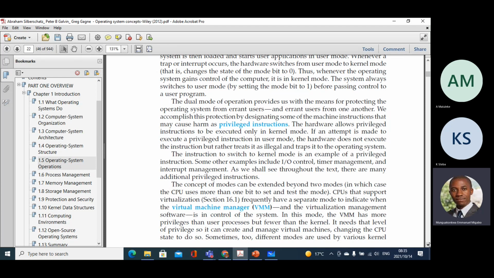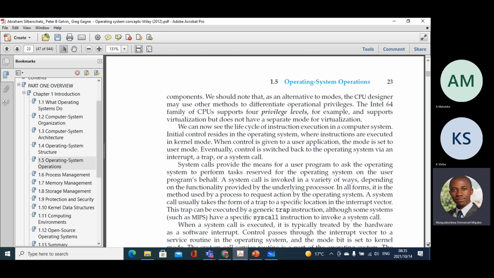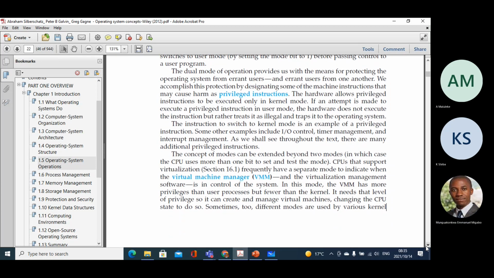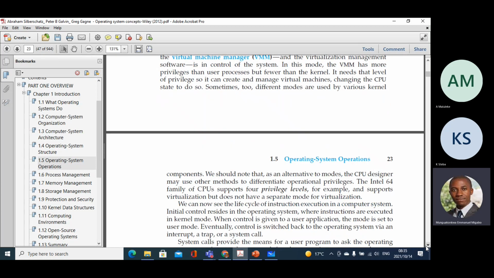It needs that level of privilege so that it can create and manage virtual machines, changing the CPU state to do so. Sometimes two different modes are used by various kernel components. We should note that as an alternative to modes, the CPU designer may use other modes to differentiate operational privileges.